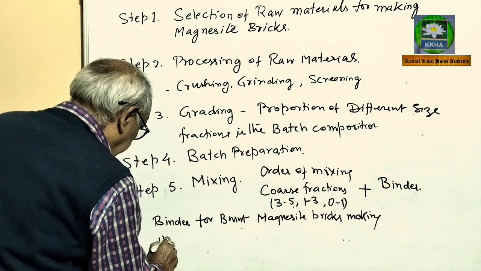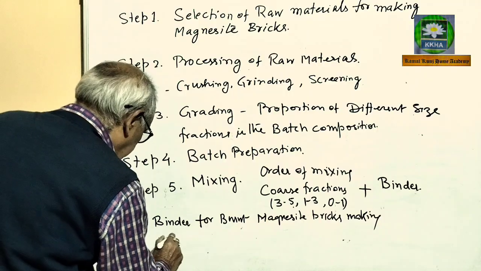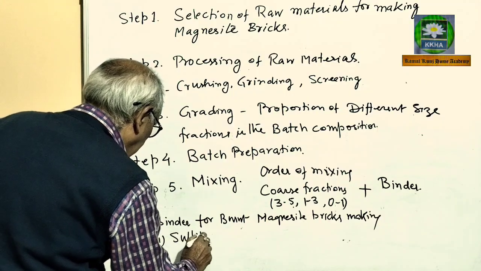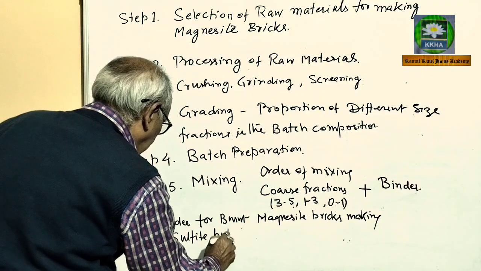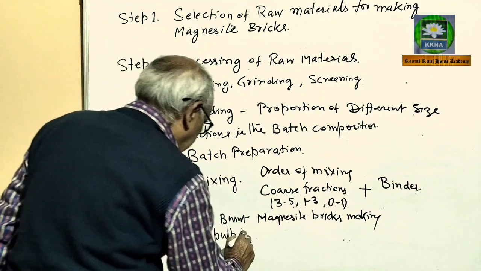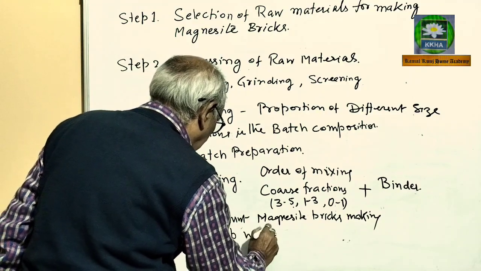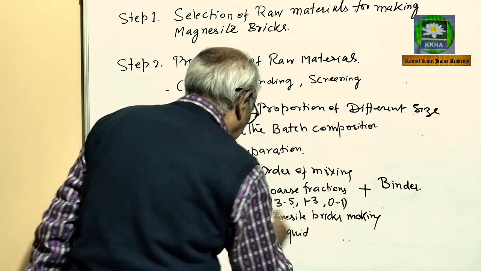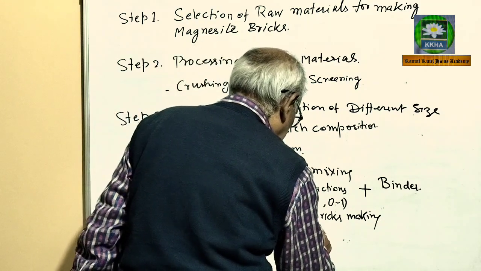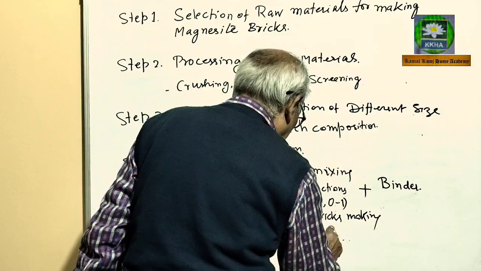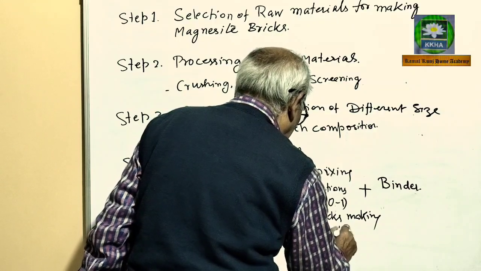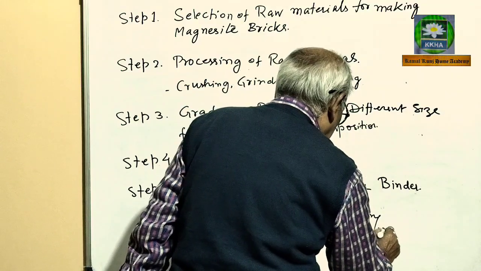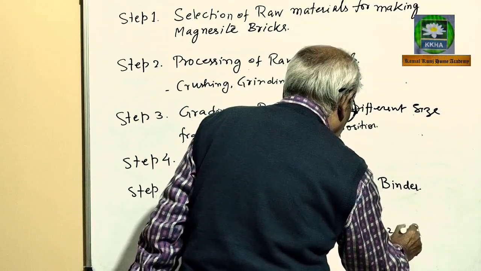It is either sulfite pulp waste liquid, its density is around 1.2 to 1.22 gram per cc.